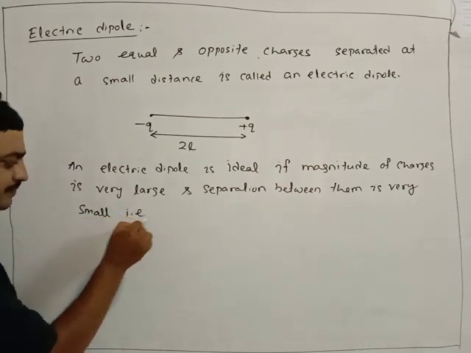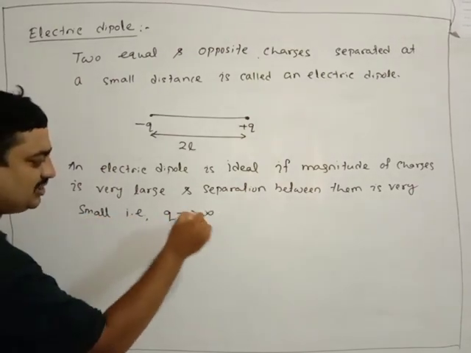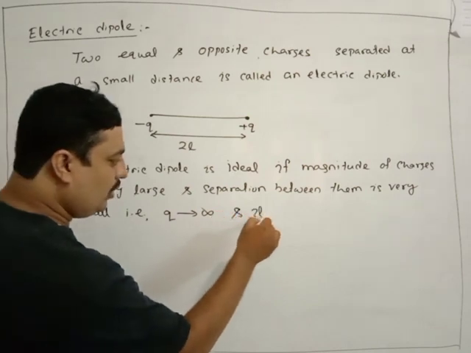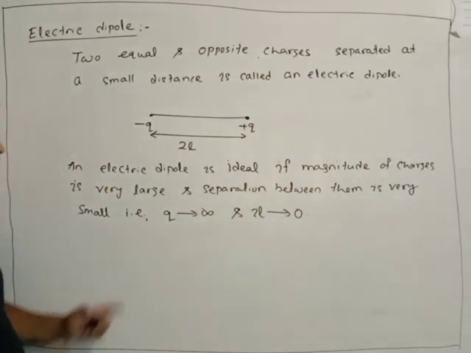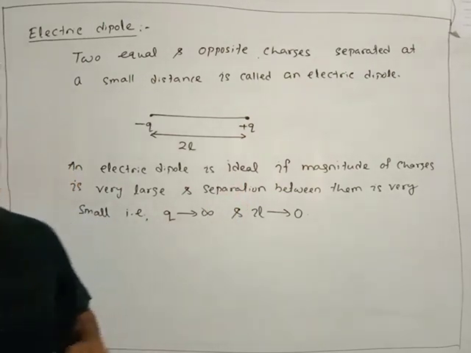That is, when q tends to infinity and 2l tends to 0. This is the condition for ideal dipole.